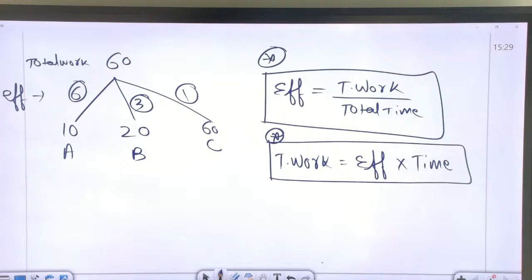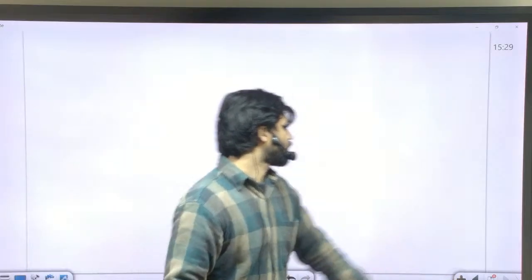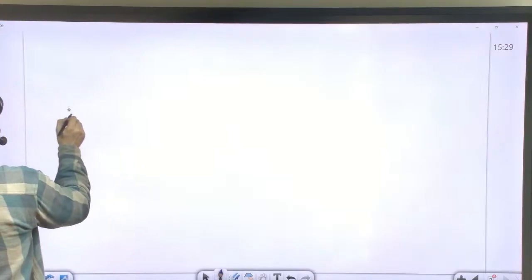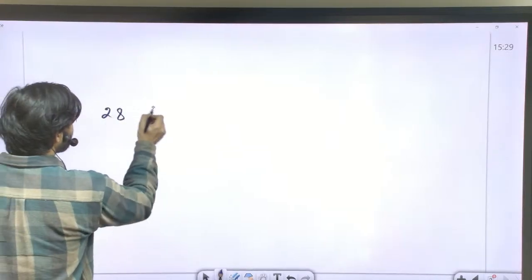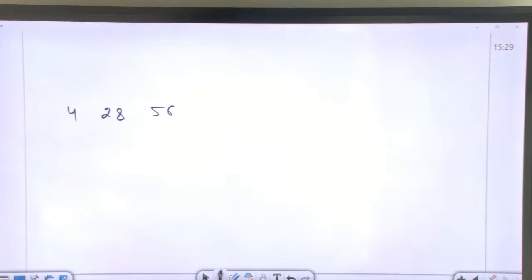Please write the next question. A, B, and C can complete a piece of work in 4, 28, and 56 days respectively.